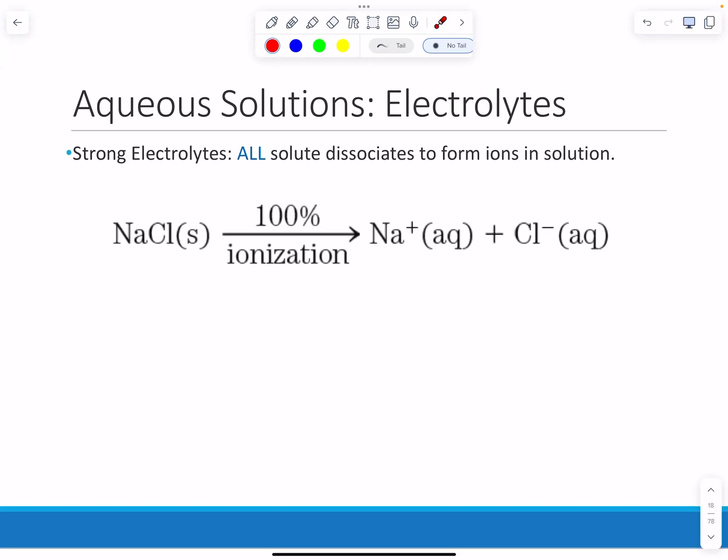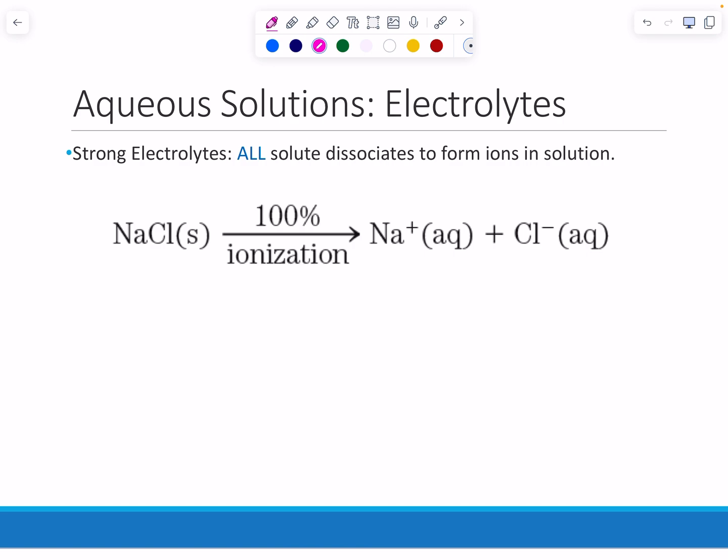So whether we're talking acids, bases, or electrolytes, we're going to be using terms called strong and weak. Whenever I use the word strong when I'm referring to a chemical phenomenon, it means that thing happens completely.